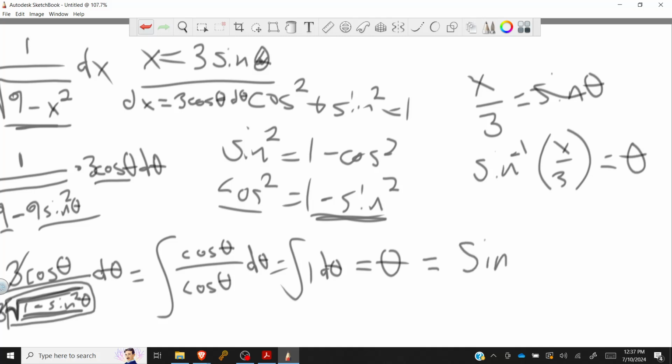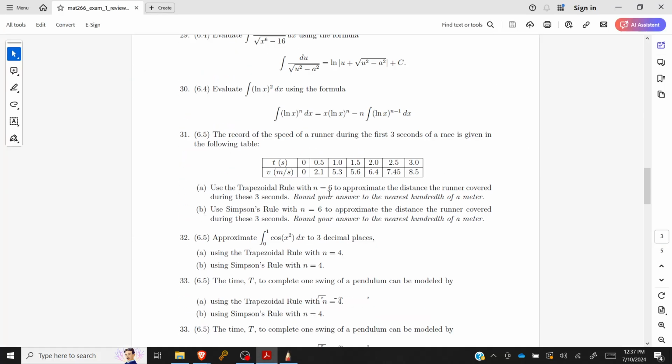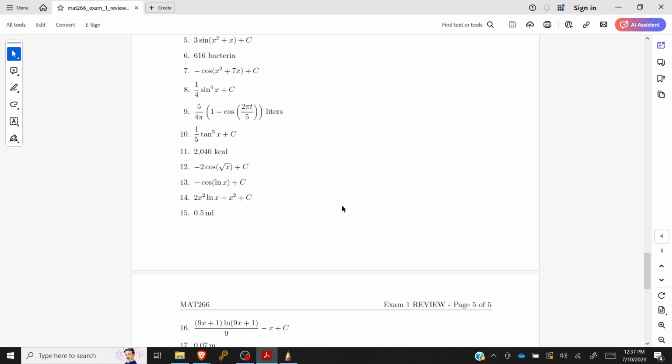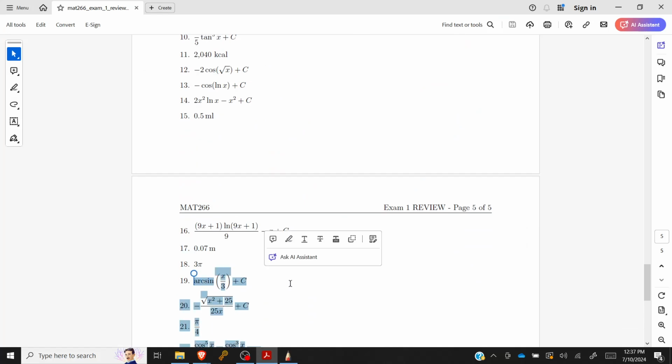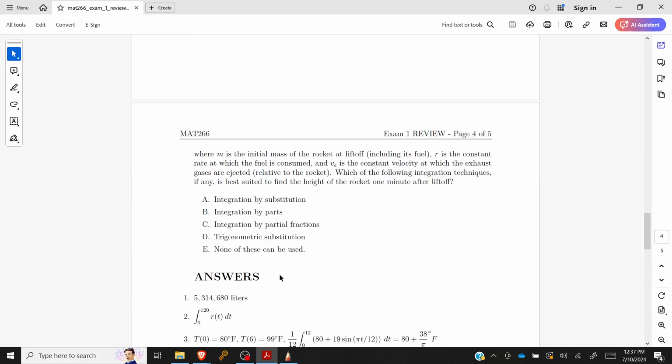So this whole equation is equal to the inverse sine of x over 3 plus c. Was that question 19? Yeah. Arc sine, sine -1, they mean the same thing.